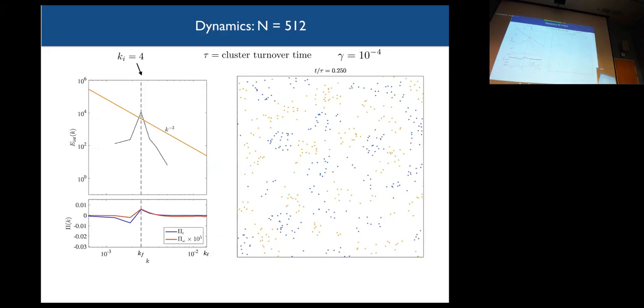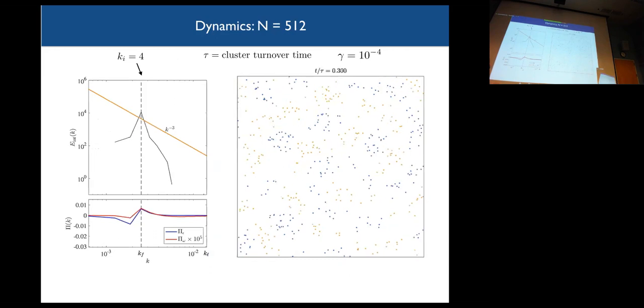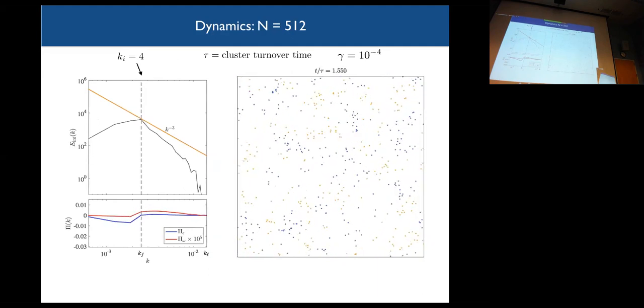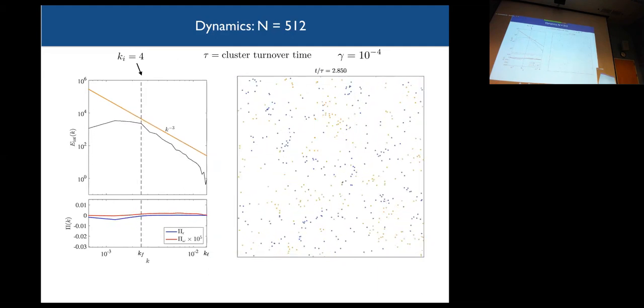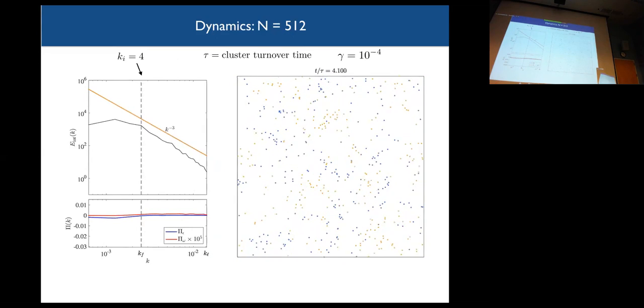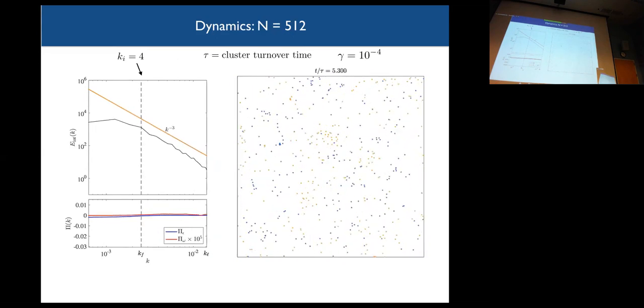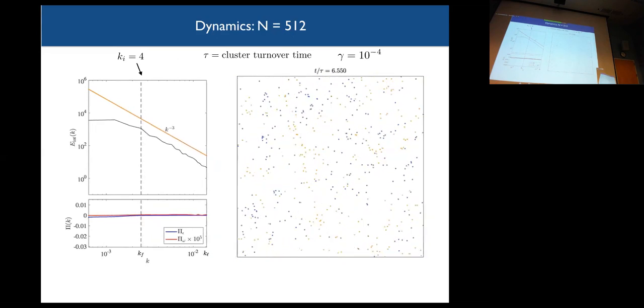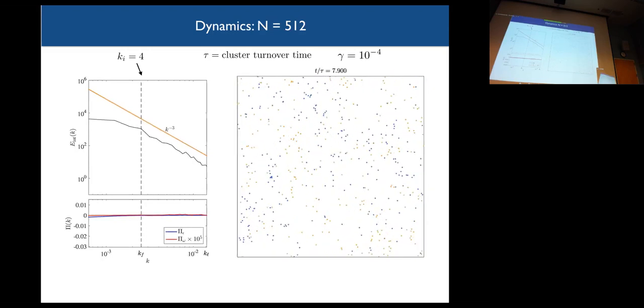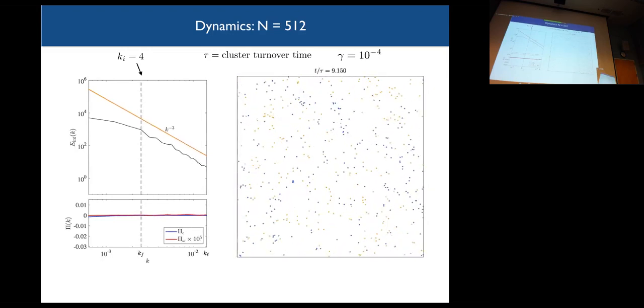So now let's see what happens if we take this setup and evolve it for a fairly large number of vortices. We've got 512 of them, which would be hard to put into a condensate, but never mind about that. And this is what we see. So you can't really see too much going on with the vortex distribution here, nor can you see much going on with the fluxes, but you can see that the energy spectrum does seem to develop this k to the -3 law.